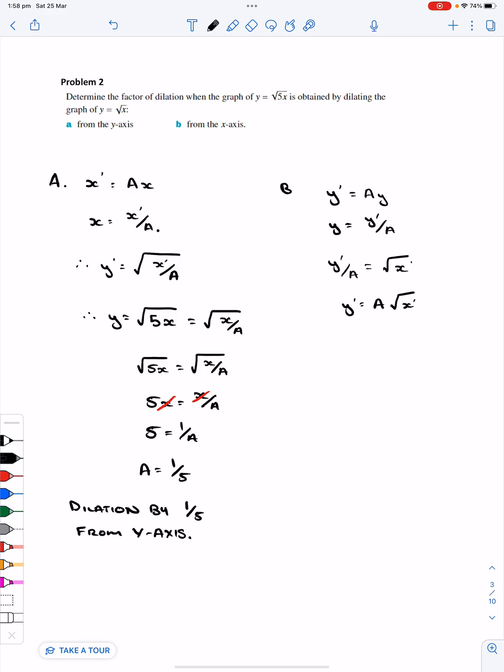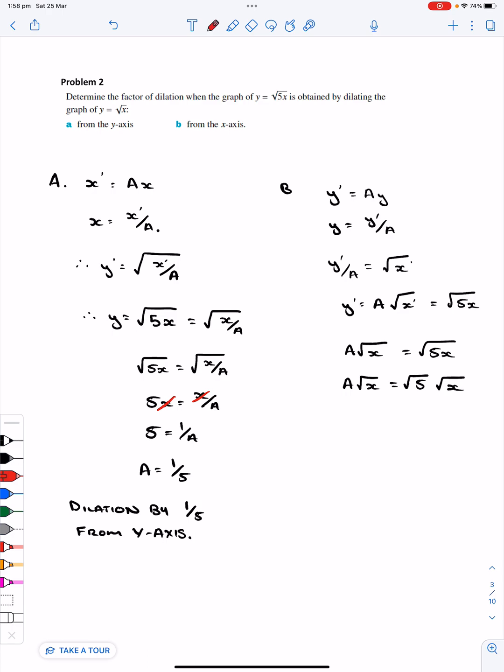Ax image, okay, and this is going to equal also square root of 5x. So essentially what I'm saying is A square root of x equals the square root of 5x. I can separate my values inside my square root to have that.